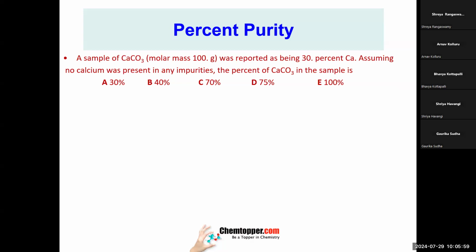So whenever they have given you information in percent, what can you assume? You can assume that calcium carbonate is 100 grams, right?